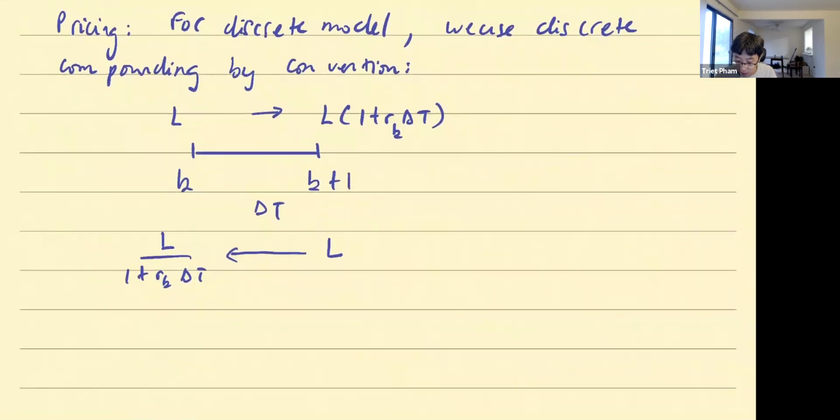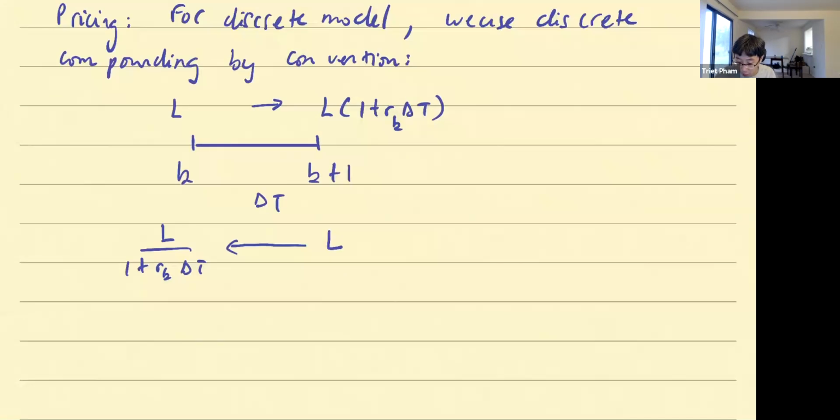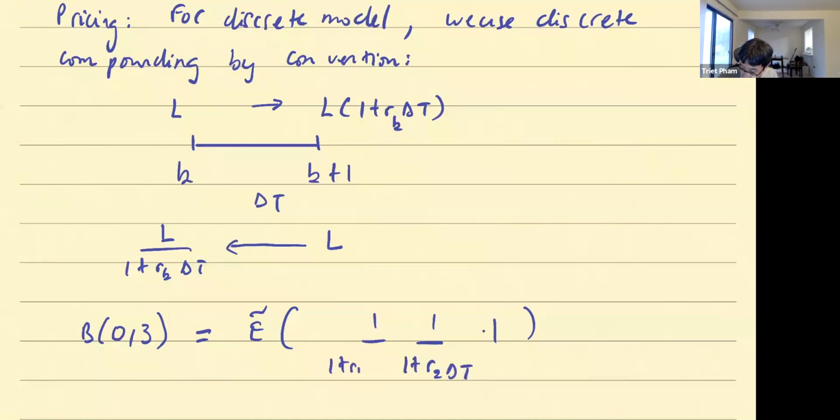So let's do that. Pricing: let's say we price the bond B03. What does that mean? B03 is the expectation of, you get paid 1, you discount, like that.